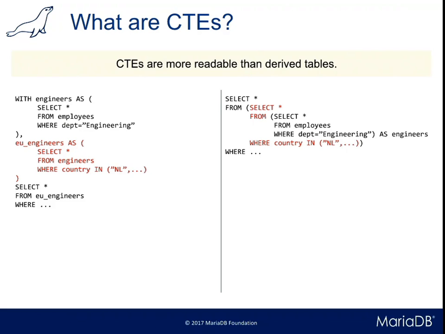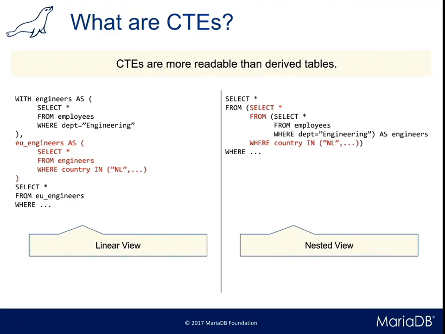Here's where CTEs do shine. You can reference them in subsequent CTEs. So first we've selected engineers, and then we have selected only engineers in Europe. And this is done by referencing the engineers CTE.